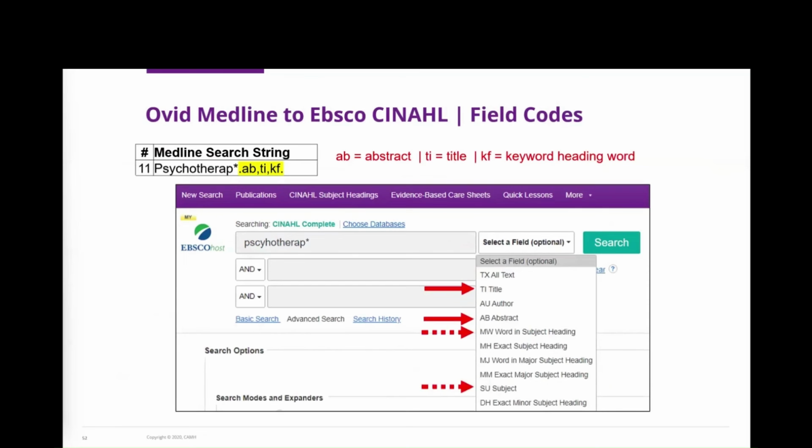Next, we'll need to find field codes for abstract, title, and keyword heading. There's a drop-down menu for select a field, and we can choose TI for title, AB for abstract, and KF.